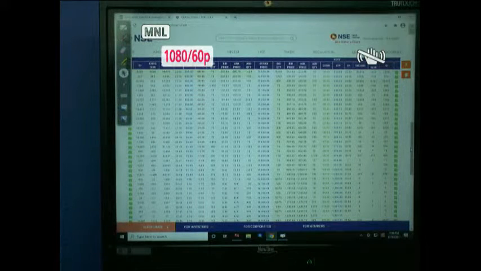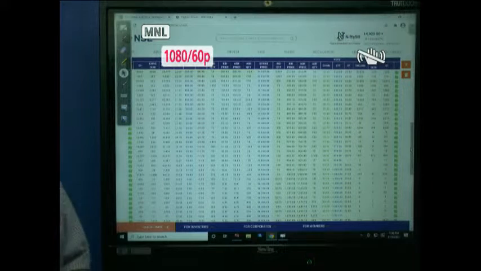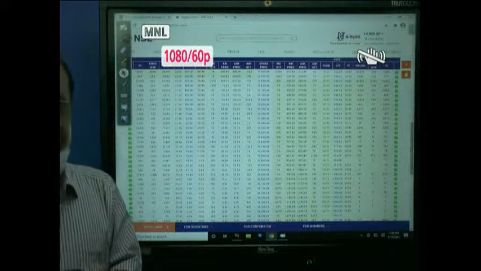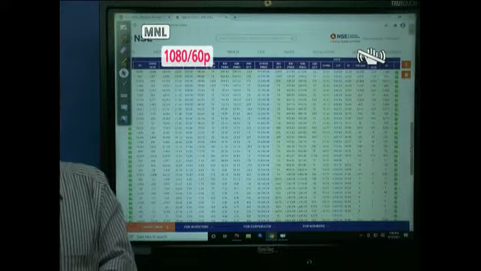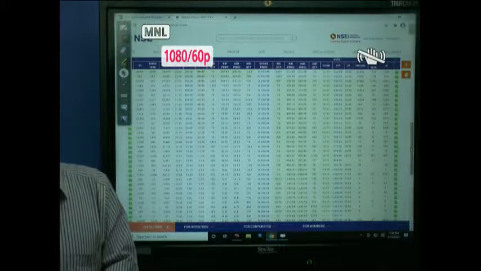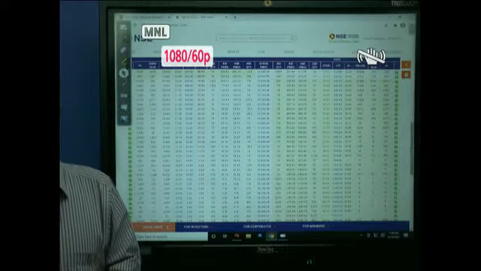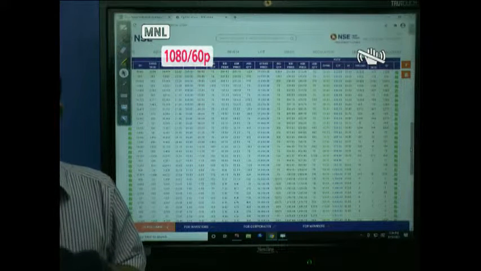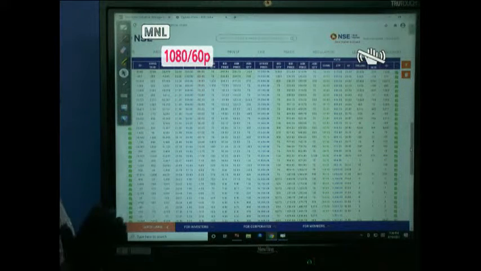So let us look at the 15,100 call, because delta is nothing but change in option price divided by the asset price movement. Suppose Nifty is going to move by 100 rupees, what is going to be the change in the call option price from 15,000 to 15,100 tomorrow?